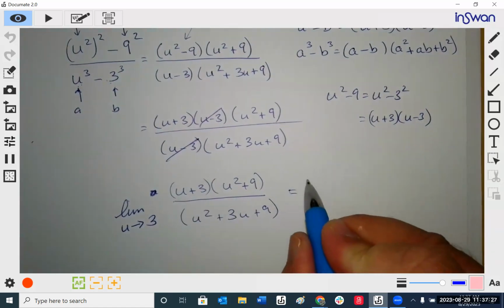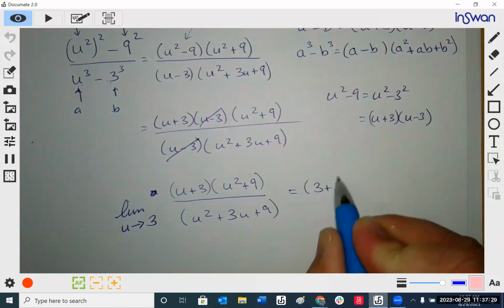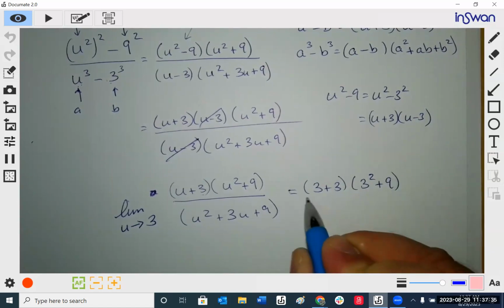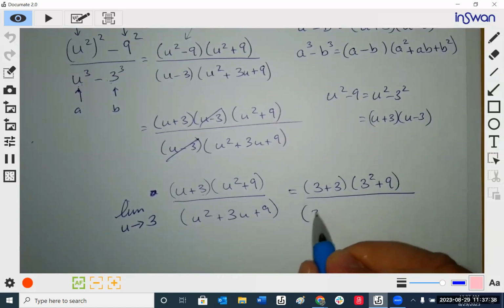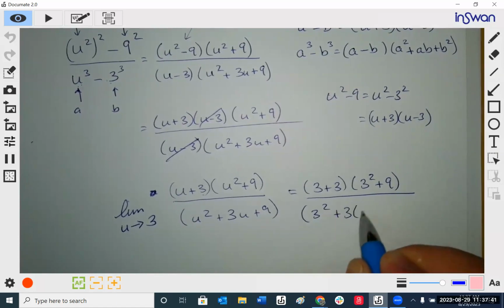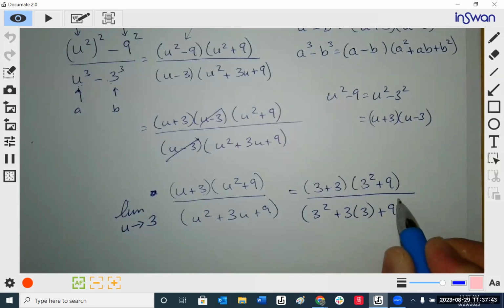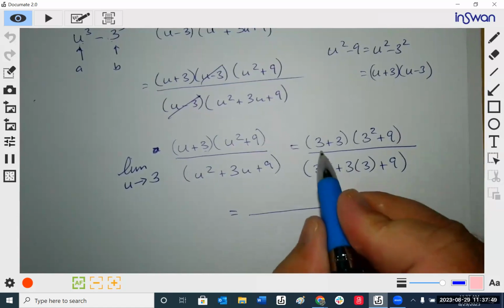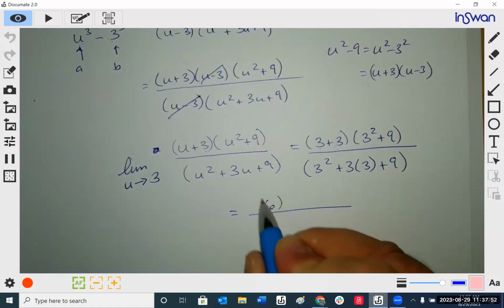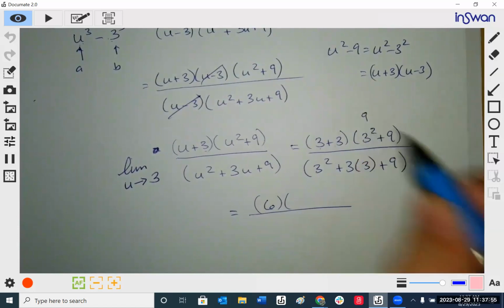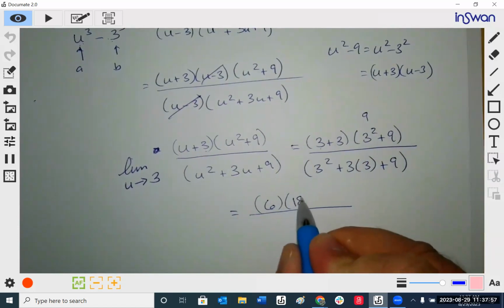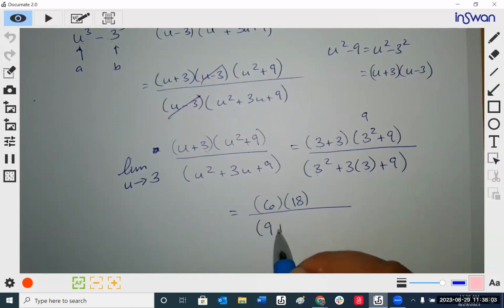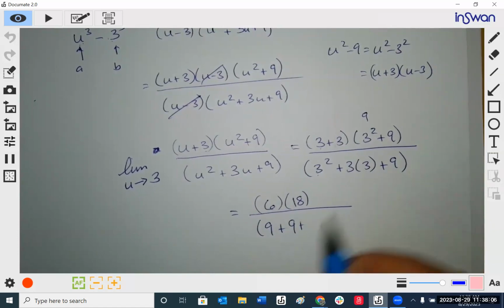So 3 plus 3, 3 squared plus 9. 3 squared, 3 times 3 plus 9. Three plus 3 is 6. 3 squared is 9. 9 plus 9 is 18. 3 squared is 9 plus 9 plus 9.